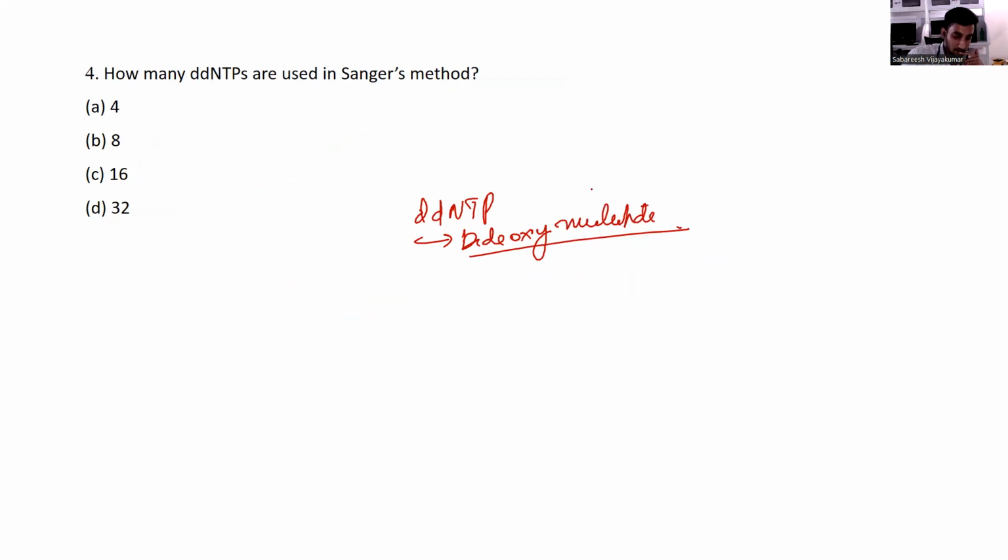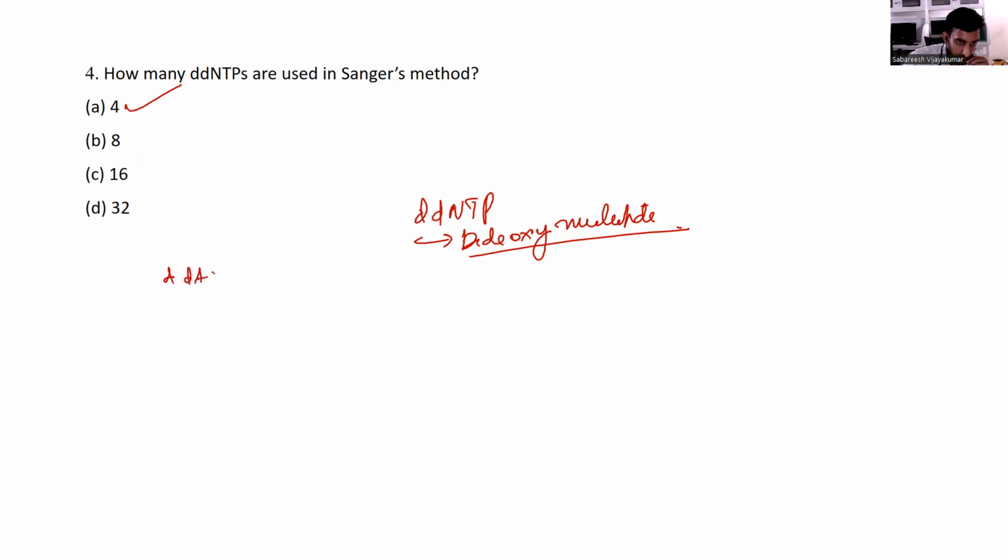So in Sanger's method, the question is how many ddNTPs are used. So in Sanger's method, there will be 4 types.